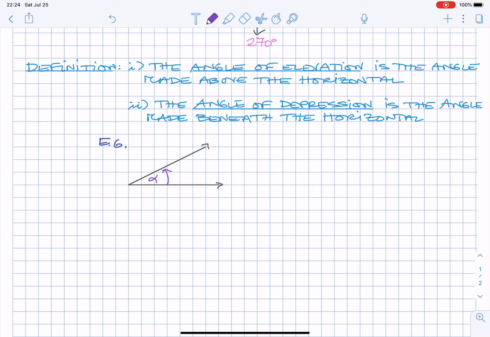So this is an angle of elevation, because I'm elevating upwards from the horizon. Whereas if I have my horizontal here and another ray going down beneath that, say angle beta, this is an angle of depression.